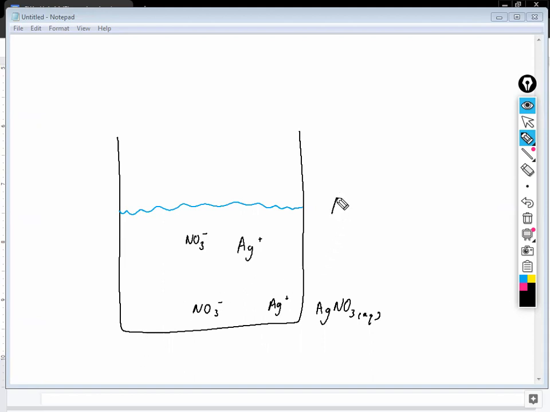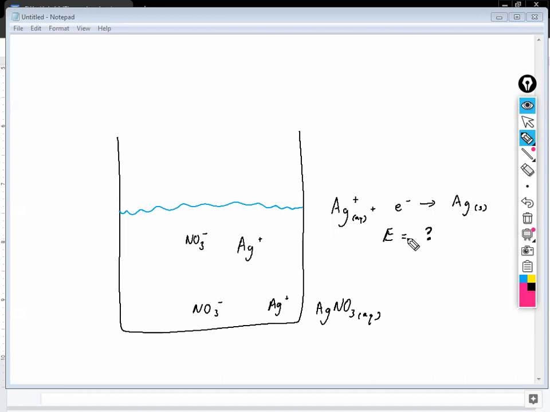Now, we talked about how a metal has a specific potential, right? So silver ion, aqueous, has the potential to turn into solid silver, and that equation has a certain potential to happen. I don't know what the number is, but it has a certain number. Make sense? So this ionic silver has the potential to become solid silver.